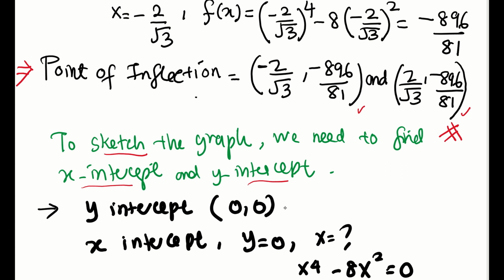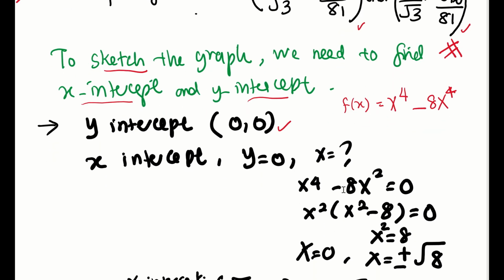So for the function f(x) equals x to the power of 4 minus 8x squared, when x equals 0, y equals 0.